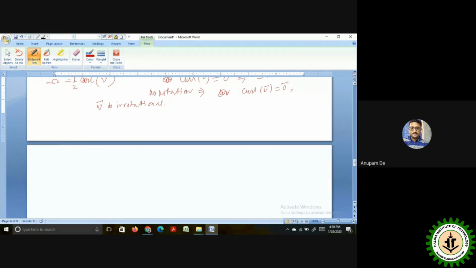There is no rotation over there. Okay, and in that case, basically the curl of grad phi, that is the outward drawn normal to the surface, will always be irrotational.